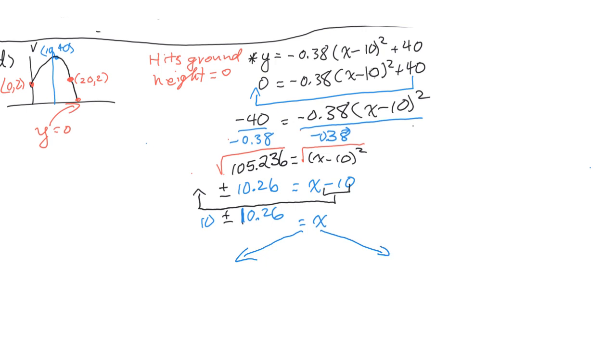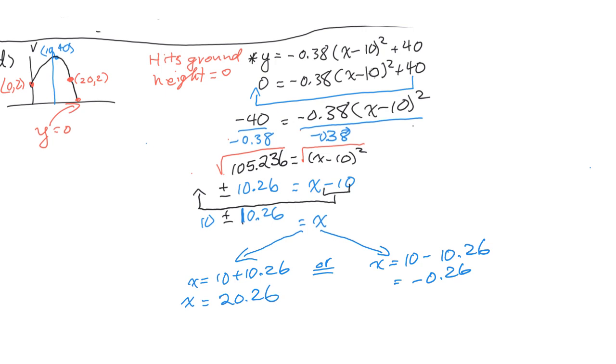Because it says 10 plus or minus 10.26, that means x is equal to 10 plus 10.26, which is 20.26. Or we have x is equal to 10 minus 10.26, which is equal to negative 0.26.